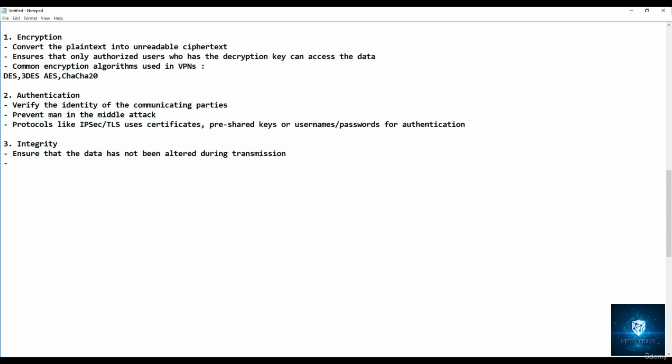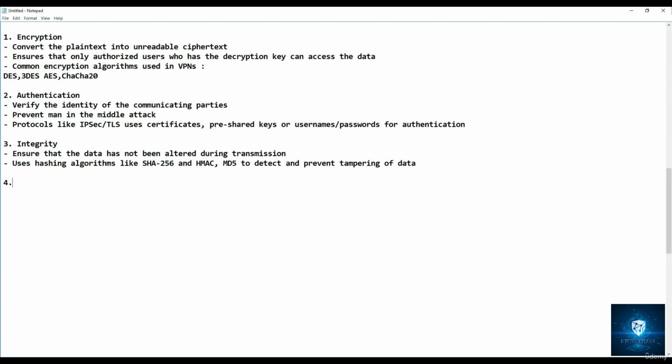Multiple hashing algorithms can be used, like SHA-256 as an example, HMAC, and also you can use MD5 as a hashing algorithm to detect and prevent tampering of data.